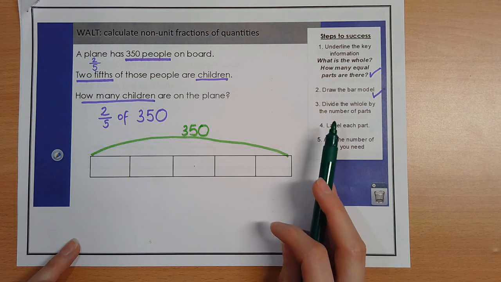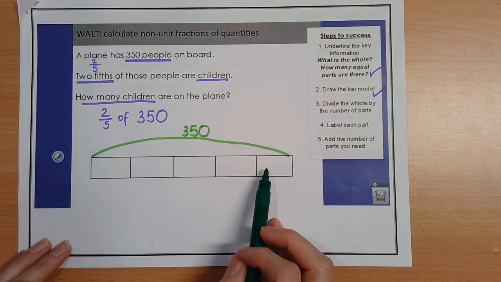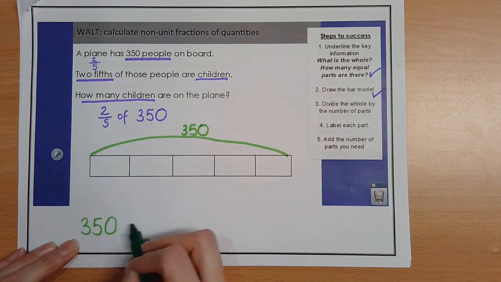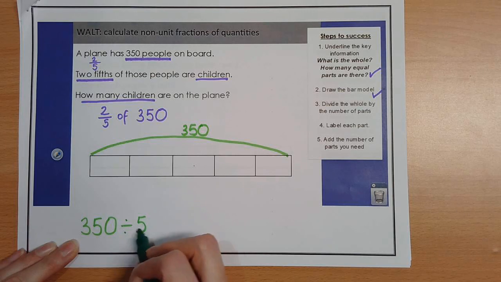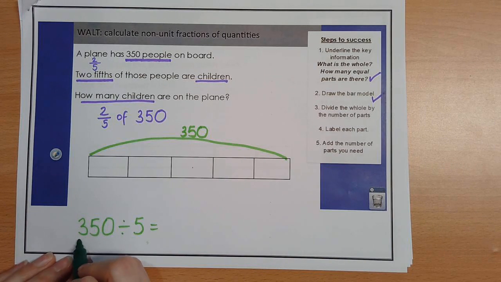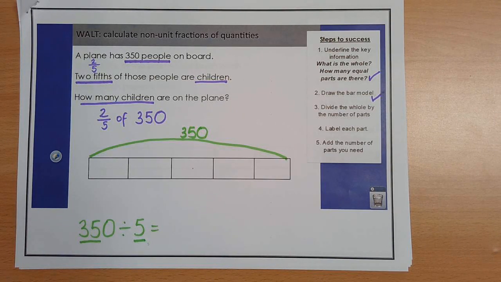Okay, then I need to divide by the number of parts. So I have 1, 2, 3, 4, 5. So the calculation that I'm going to be doing is 350 divided by 5. So again, might be a little bit tricky to work that out, but I can use my times tables facts to help me. So hopefully we can recognise the relationship between 35 and 5.